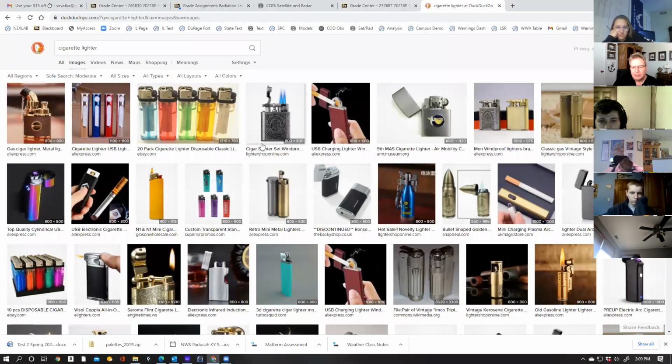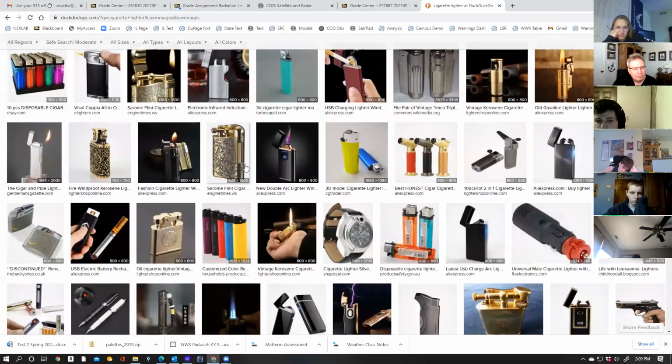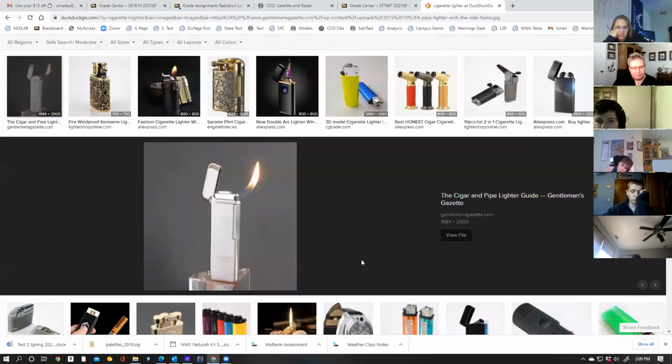Image of a cigarette lighter. See the flame? The flame is orange up there. Here the flame's blue. Which is hotter, and how do you know?